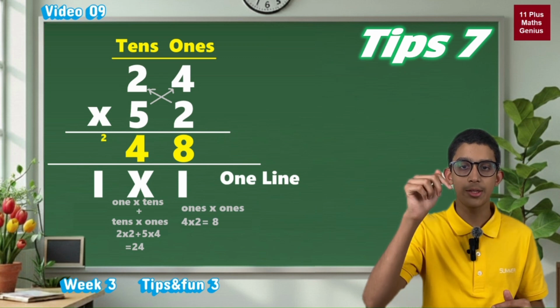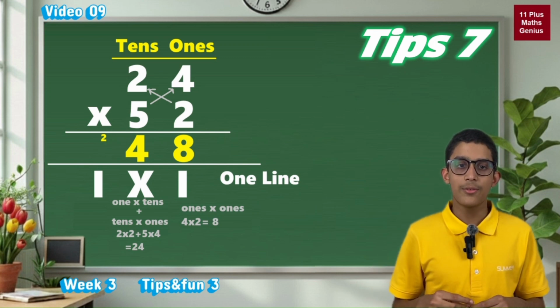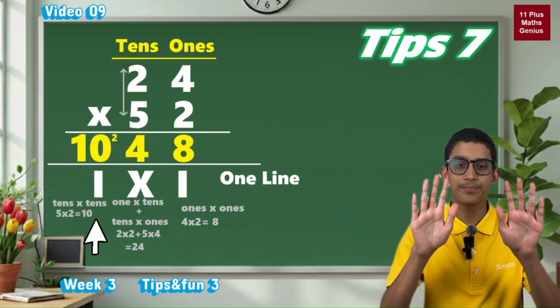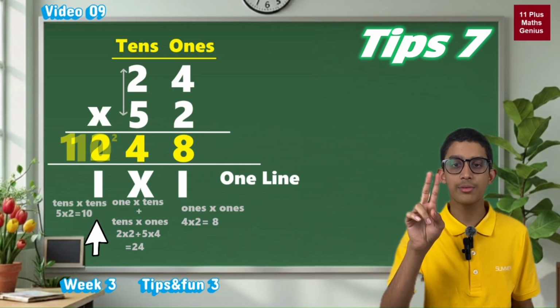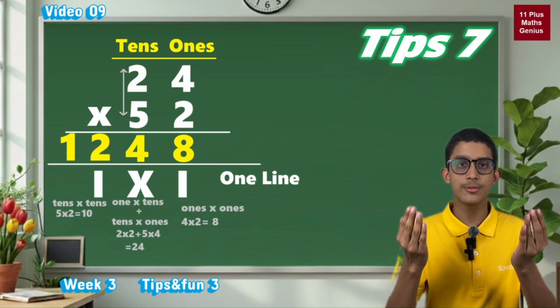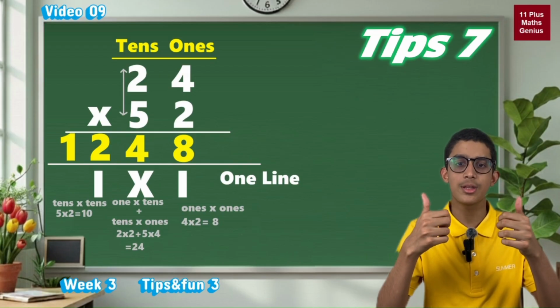Keep 4 under tens and place 2 under hundreds. Finally, 2 times 5 is 10. Add 2, we have 12 here. So the answer is 1248. This is amazing, isn't it?